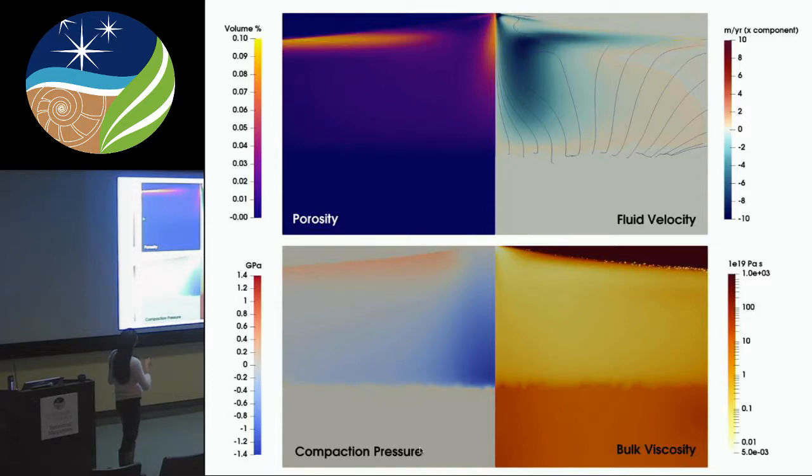What is a little bit hard to see here is that there's some porosity here too. So there's melt being generated all around this region beneath the mid-ocean ridge. And what I want to show here is the horizontal fluid velocity. So this is actually pulling in melt from away from the axis towards the ridge axis.